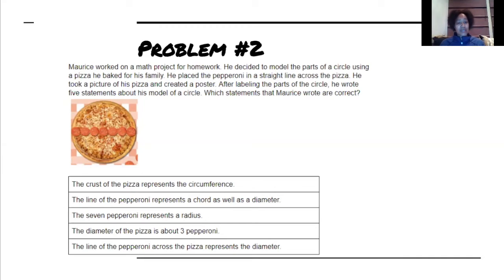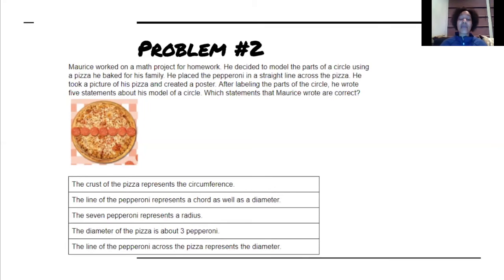So let's first look at the pizza and see what we notice. Well, the pizza is a circle because it's round. And if I'm looking at the crust of the pizza, I would say that the crust is the circumference of the pizza because it is the distance around the pizza, okay?